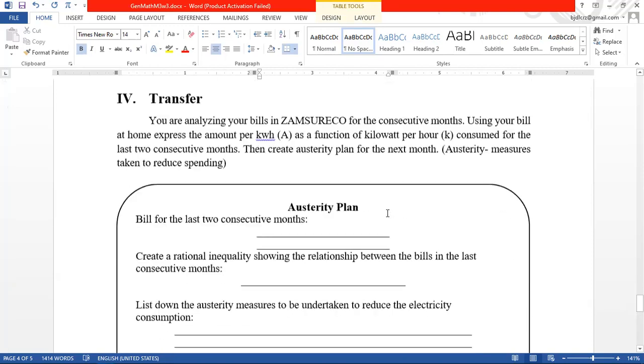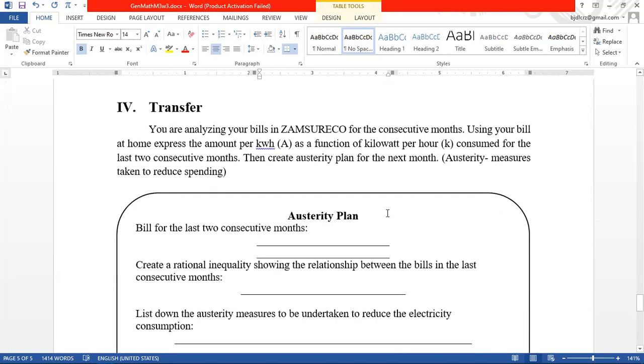And for your transfer, this one is the most challenging one. Okay? We are going to analyze your bills in Samsung Rico for the consecutive months. Using your bills at home, express the amount per kilowatt per hour A as function of kilowatt per hour K. Consume that the last 2 consecutive months.